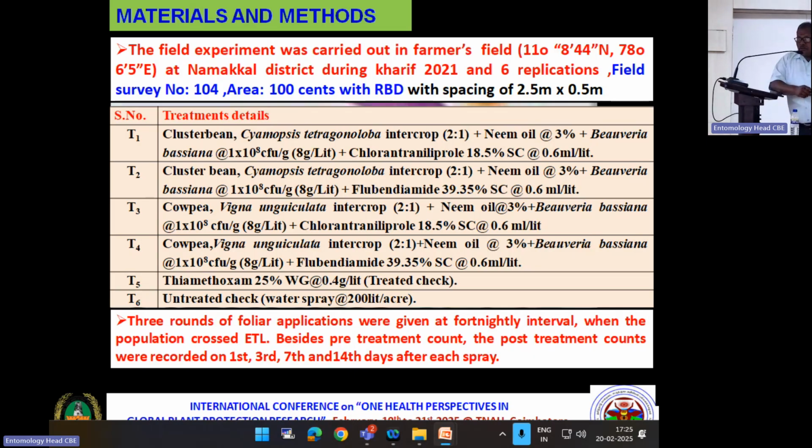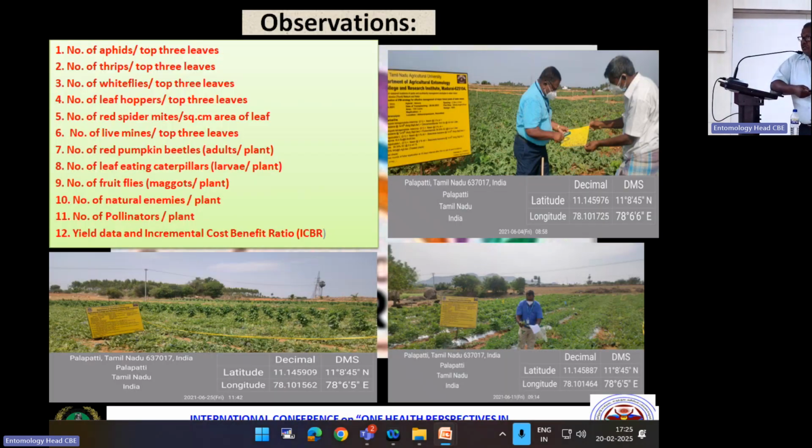I took 6 treatments and conducted them in the farmer's field, and I took observations at 15-day intervals, pre-spray and post-spray. I also observed sucking pests, leaf folder, and fruit borer incidence.